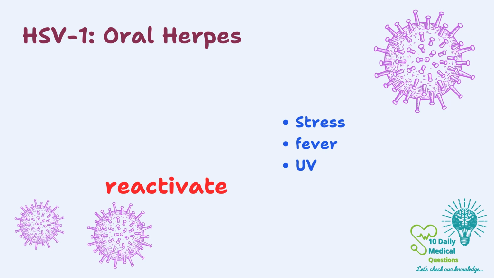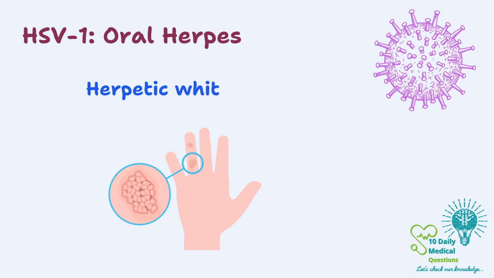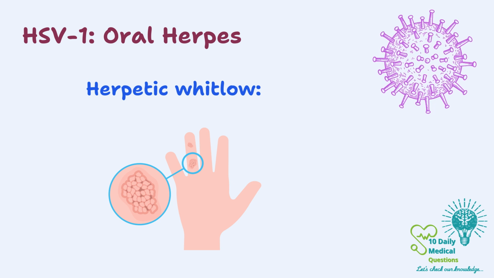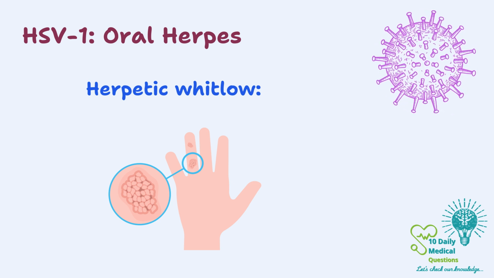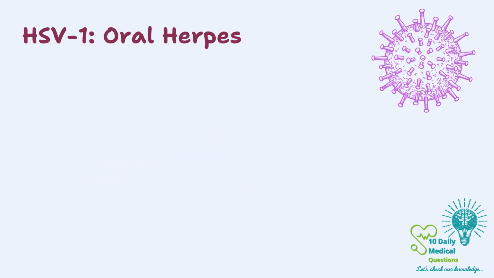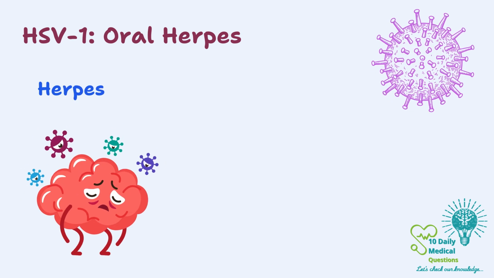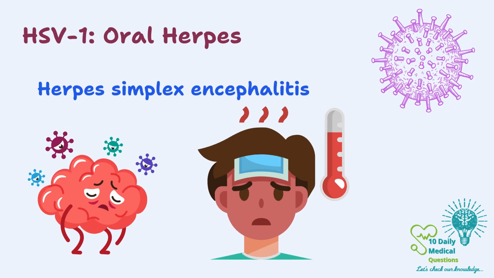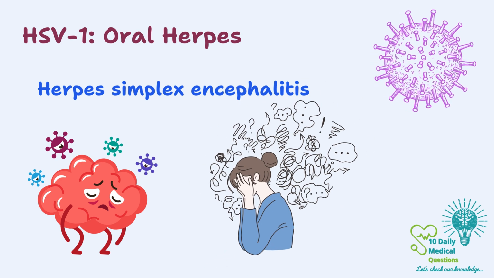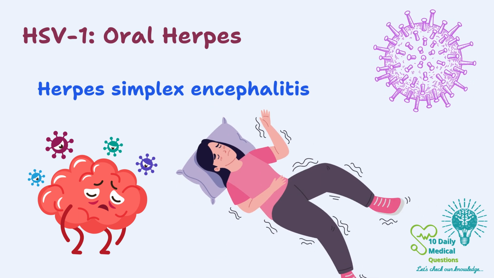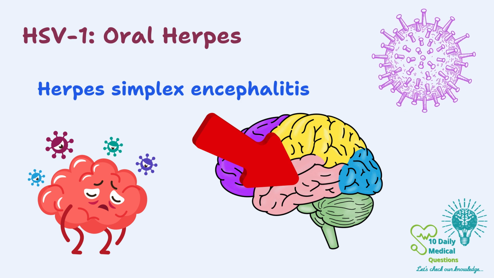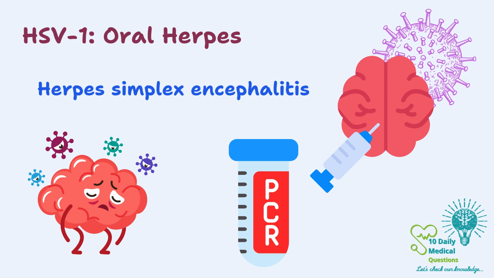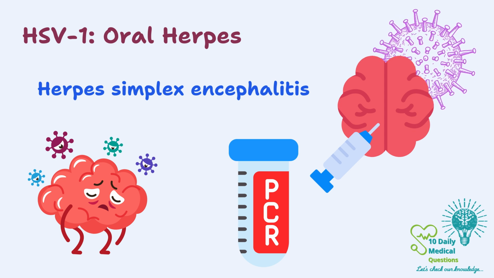In some cases, HSV-1 can lead to herpetic whitlow, a painful vesicular infection of the fingers commonly seen in healthcare workers. A severe complication of HSV-1 is Herpes Simplex Encephalitis, which presents with fever, altered mental status, and seizures. It typically affects the temporal lobe, and diagnosis is confirmed via PCR of cerebrospinal fluid.